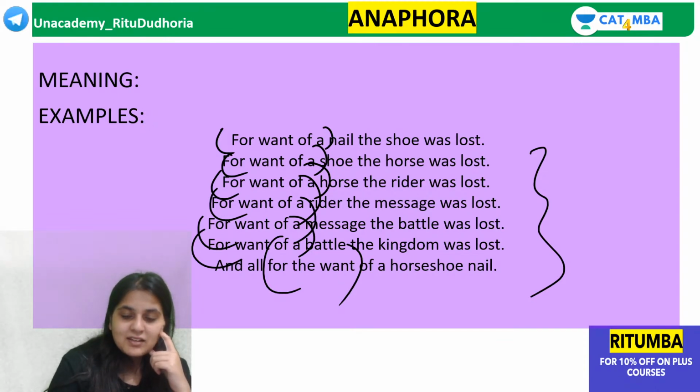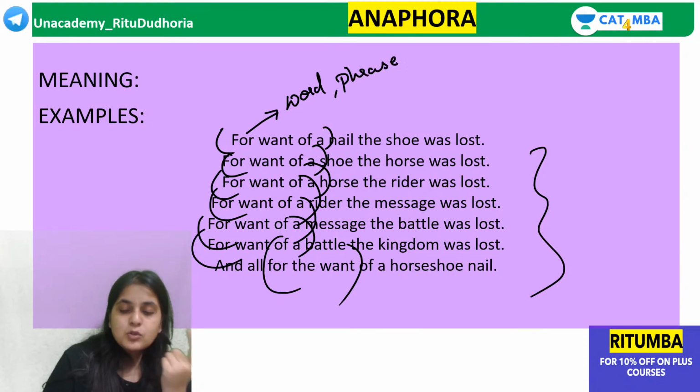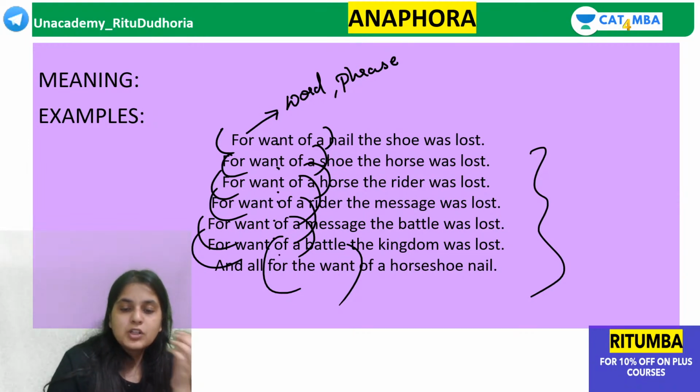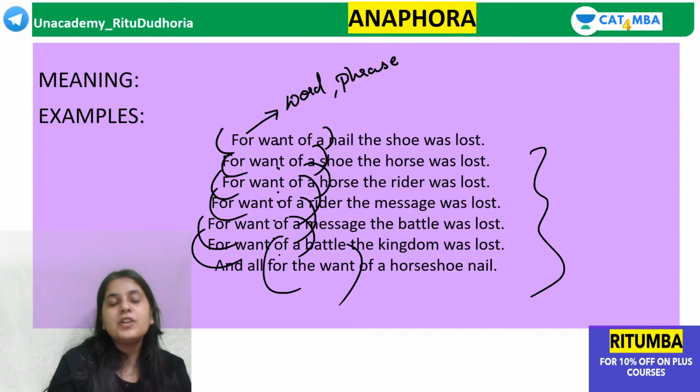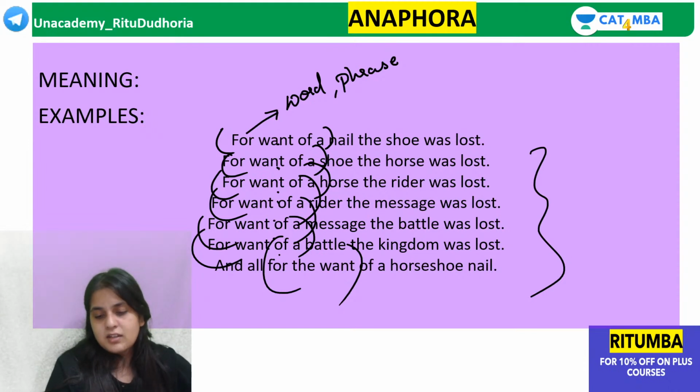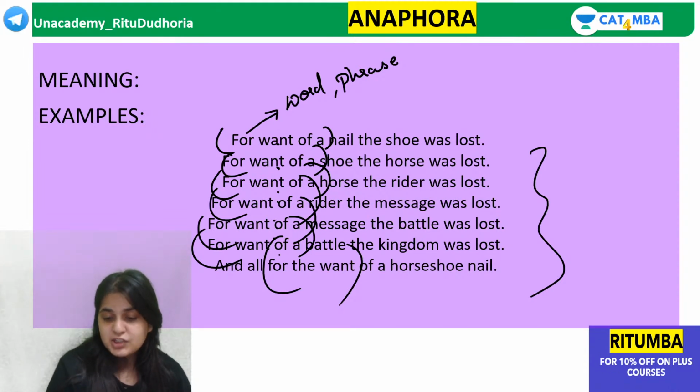Not just rhyming. No guys, repetition of the same word or phrase. Phrase means a group of words at the beginning of statements. For want of a nail, for want of a shoe, for want of a has been repeated again and again. Yes or no? So that repetition becomes anaphora.